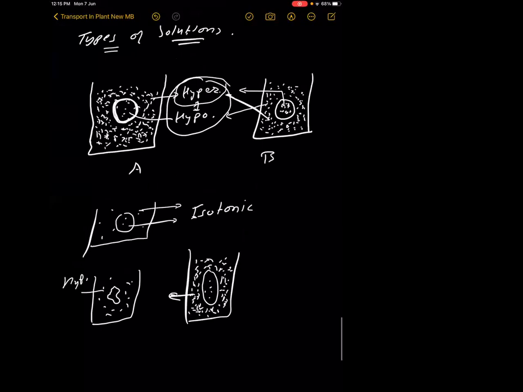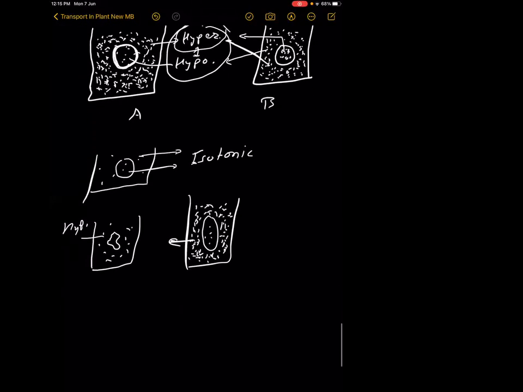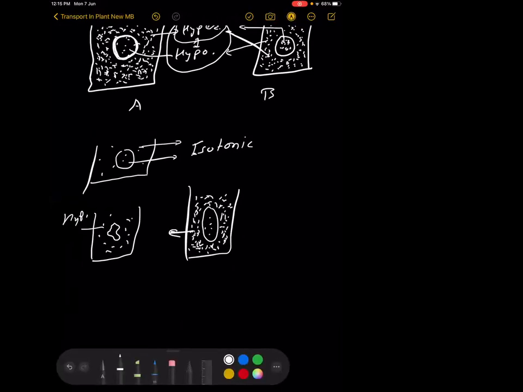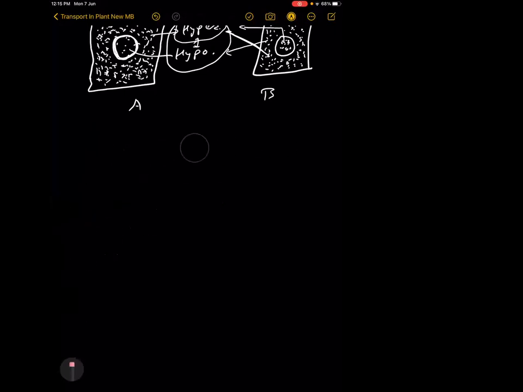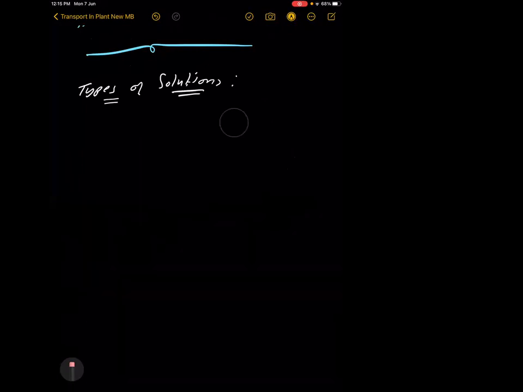I will define all three: hypertonic, hypotonic, and isotonic. In an isotonic solution, there is no movement of water at all, because the concentration is the same on both sides. It depends on the concentration of the cell, not the concentration of sugar.